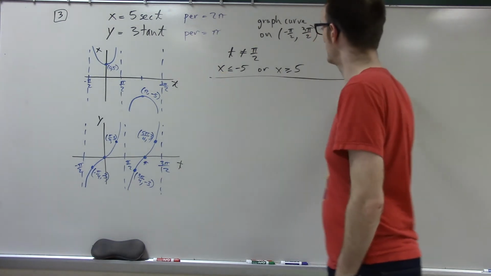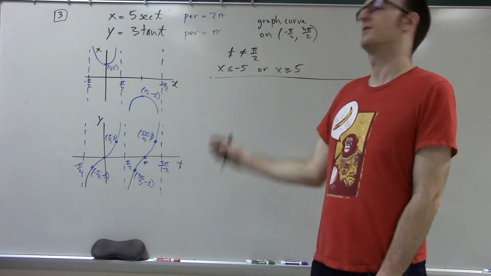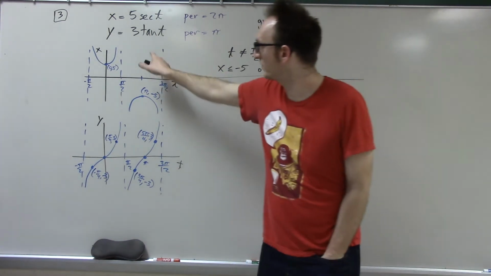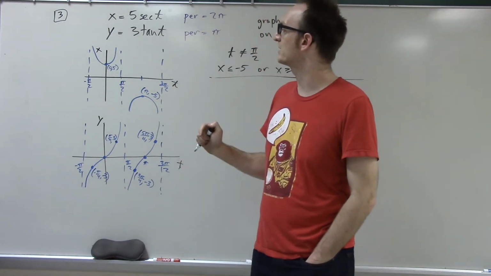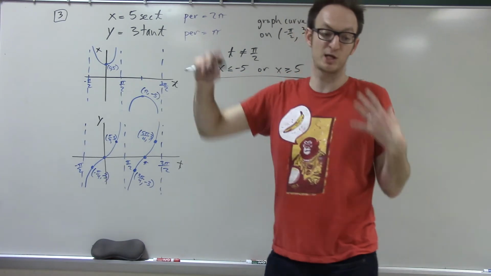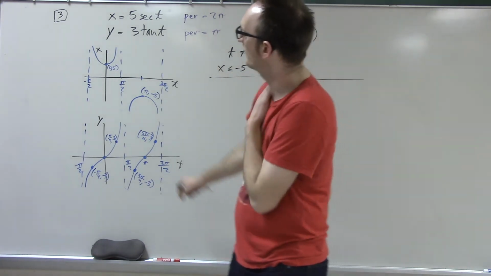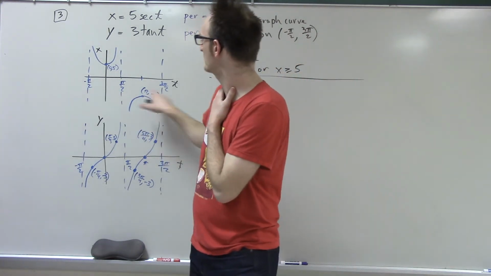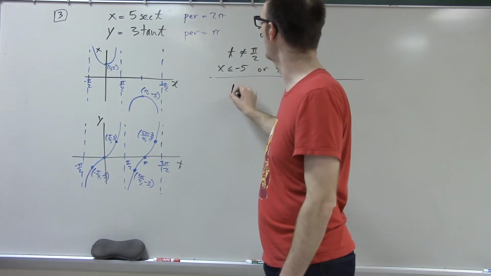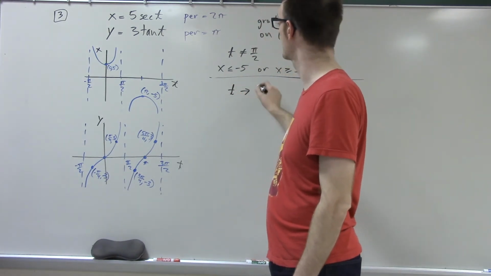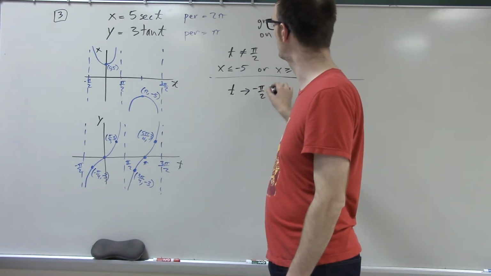Okay, now we have to do the end behavior step. Well, there's no end behavior because these functions are periodic, but there is craziness. And where does the craziness happen? It happens when x or y gets really huge. And when does x or y get really huge? At pi over 2, negative pi over 2, 3 pi over 2, etc. So if we want to be very careful about this, we need to look at what happens as t approaches negative pi over 2 plus.